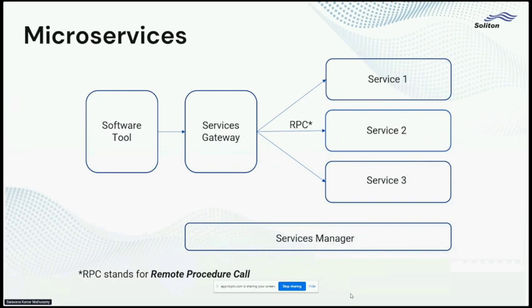All the communication is done by remote procedure call, RPC communications. For example, I need to do a measurement A and a test B. Measurement A can be service 1 and test B can be service 2. And the software tool, let's imagine a tool where the user configures to do measurement A and test B, and it knows what service to call in the backend using the services manager.